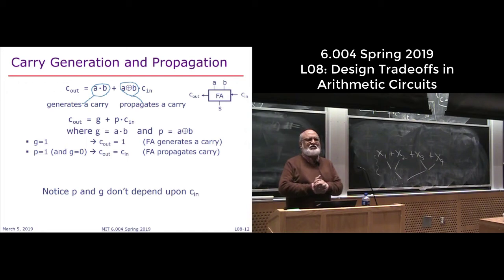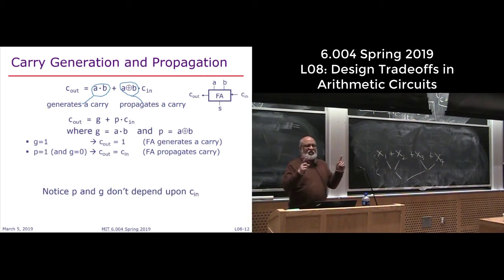Should I repeat myself? Right? When you look at an adder, either it generates a carry, which means it doesn't care what Cn came in, or it propagates a carry, which means it will produce a 1 provided the carry in is 1. Generate and propagate, these are the two properties.